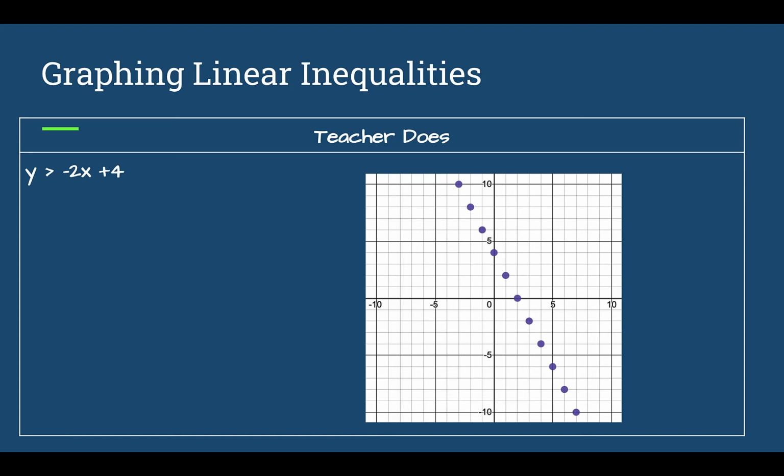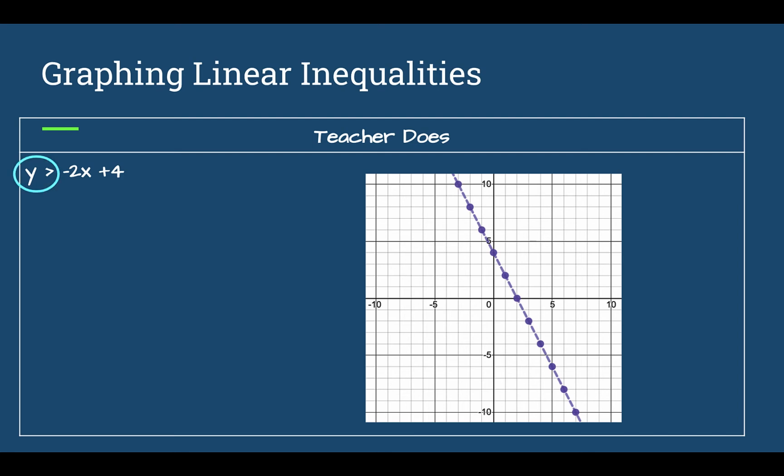Next, I need to connect the dots. So to do that, I need to determine which type of line to use. Based on the symbol that's there, it's just a greater than symbol. So I would need to make it a dashed line. Finally, I'm going to see how y is related in this problem. So y is greater.